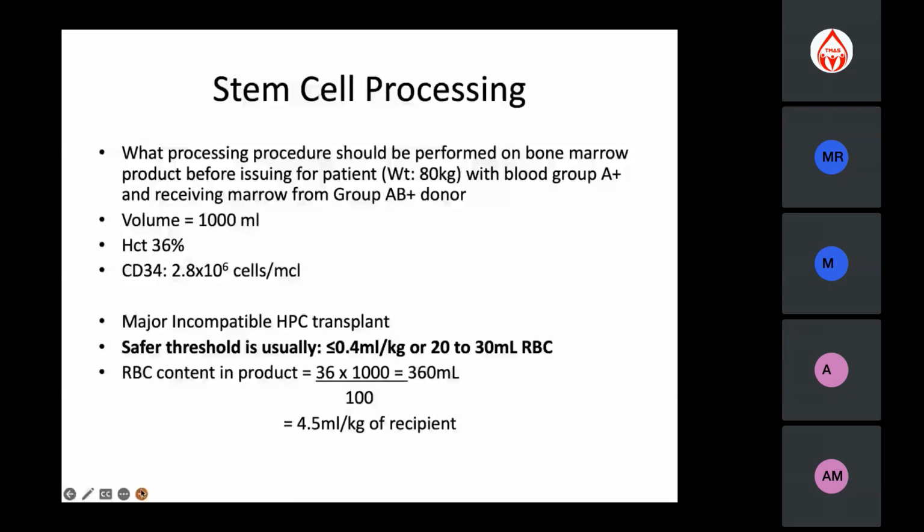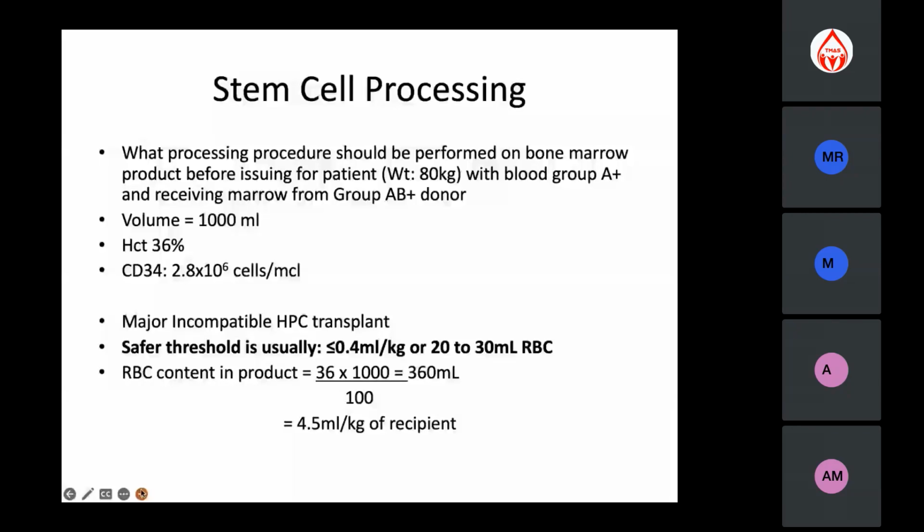In this case, the RBC content in the bone marrow product was 36% hematocrit into 1000 ml as the product volume divided by 100, that comes around 360 ml of the RBC content. That roughly comes around 4.5 ml per kilogram body weight of the recipient.